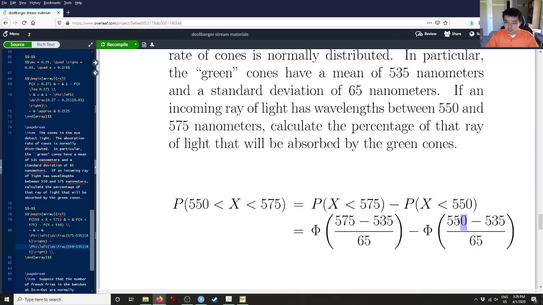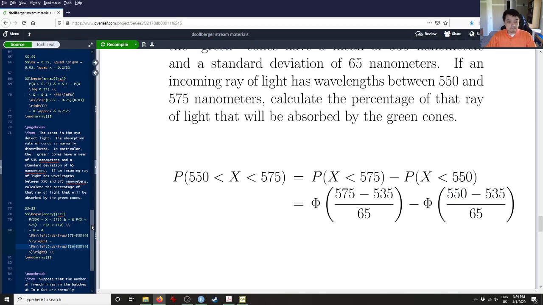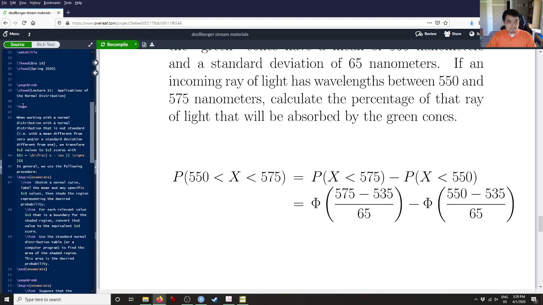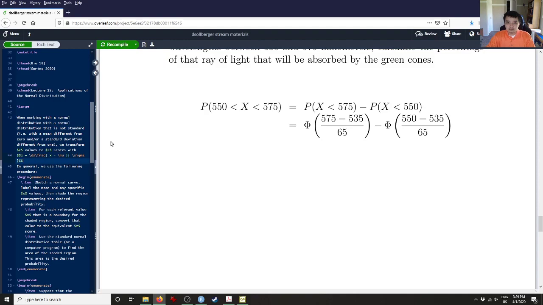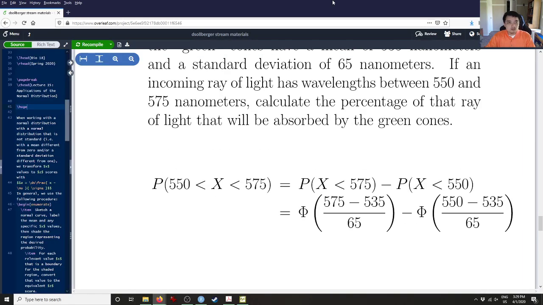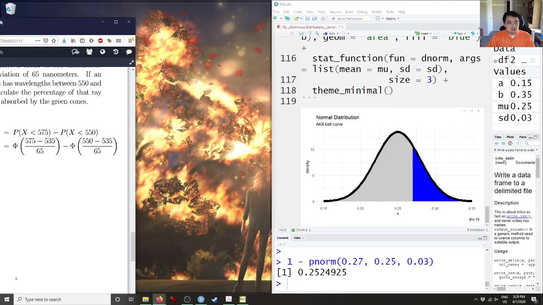So in the top left corners, I have the 575 and the 550 still. And like before, let me bring up an example diagram.